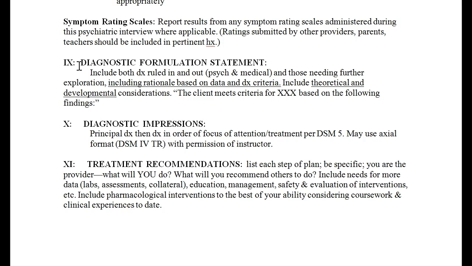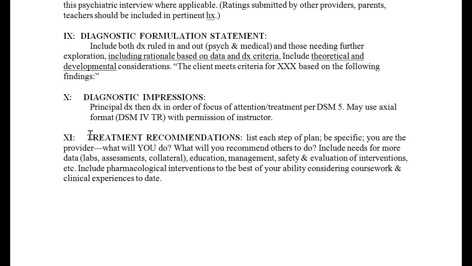How does that align with the DSM-5 criteria for the diagnosis, and what do you think about treatment, or what else do you need to know? What do you need to rule out? What have you ruled out, and what do you need to rule out in order to get at a more specific diagnosis and plan? Your diagnostic impressions follow from the DSM.